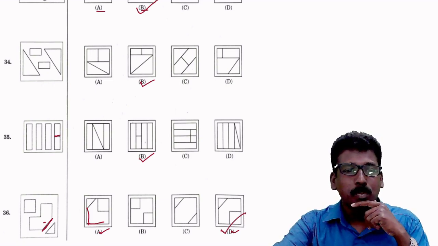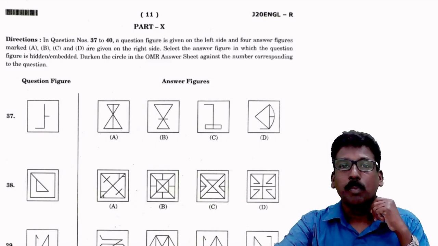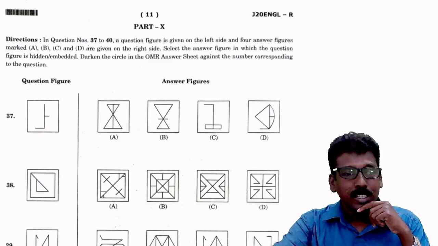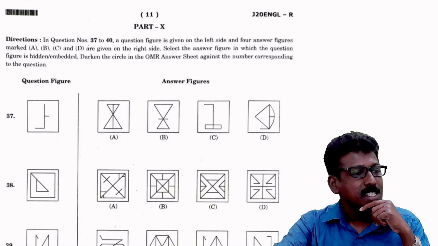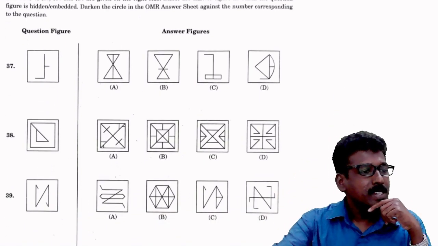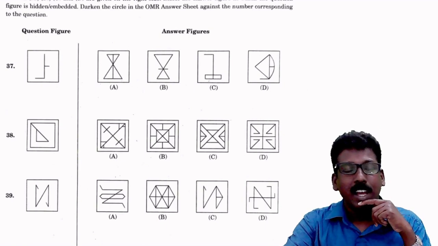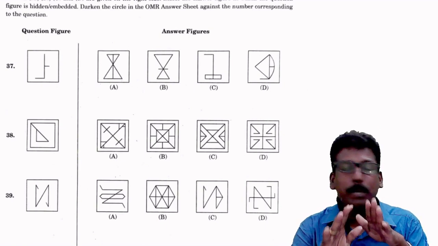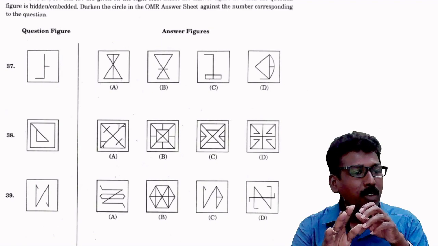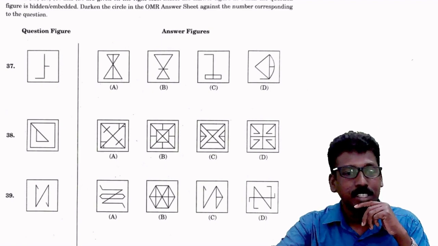Now look at the last part, that is part 10. Here a figure is given as a question. Now the same figure is there in the answer, embedded somewhere. Now you have to find out which figure it is.